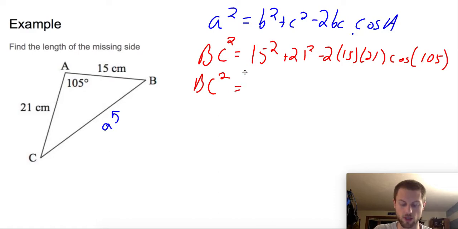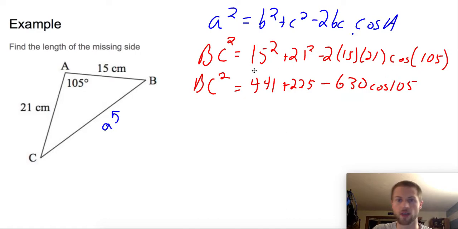I'll take it one step further: 441, that's the 21 squared, plus 225, minus, multiplying these three together, I get 630 times the cosine of 105. I type this into my calculator and I get BC squared equals 829.055, and it keeps going.